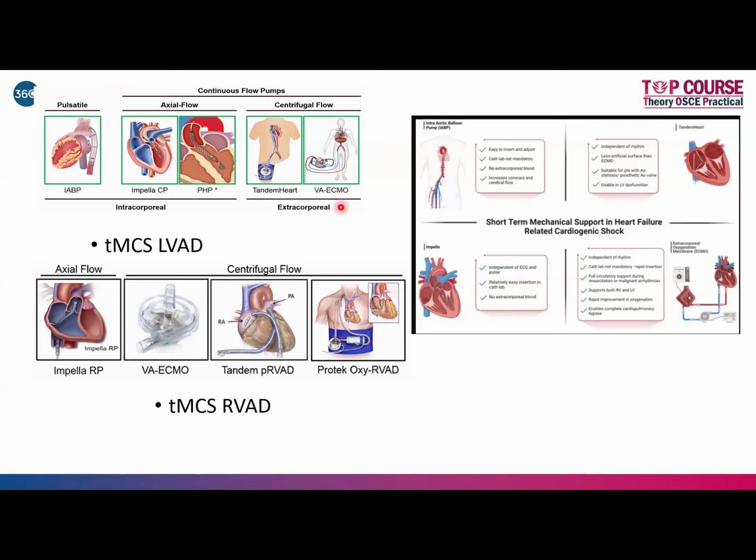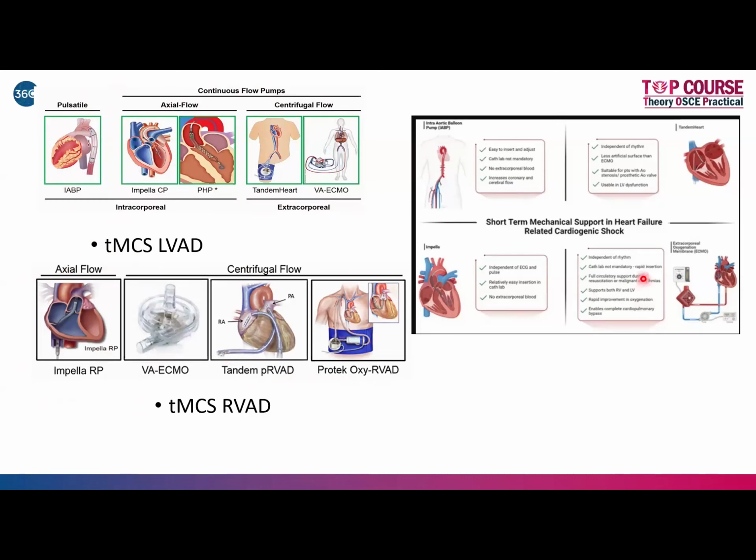So when you write your answers, you can divide based on this, or you can just put this slide. We have IABP, Impella CP, the Tandem Heart, and VA ECMO. Similarly, we have the right ventricular assist devices, where we have the axial flow with Impella RP and the centrifugal flow with VA ECMO, the Tandem RVAD and ProtekDuo.